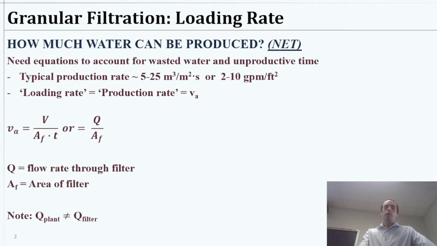There's an important question there, and the answer or solution to that question is in part redundancy. So we're going to have multiple filters being used at once in order to ensure that we can take some offline during the process.